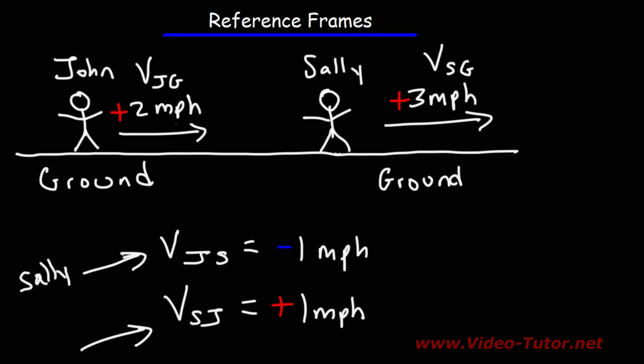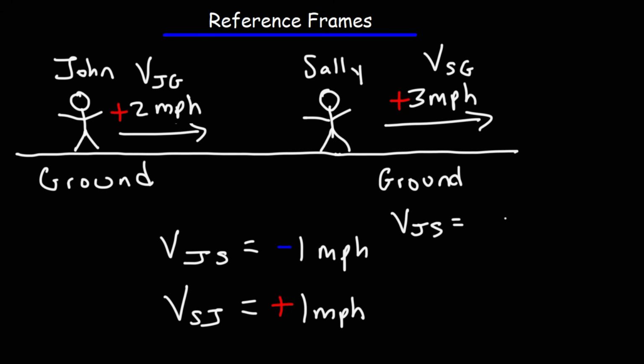Now, for those of you who like to have formulas, here's how you can get the answer using a formula. The velocity of John relative to Sally is basically the difference between the two. It's John's velocity relative to the ground minus Sally's velocity relative to the ground. So VJS is going to be VJG minus VSG, both with respect to the ground. And it makes sense.